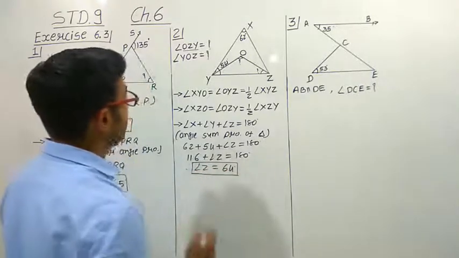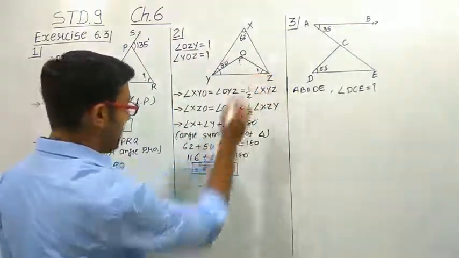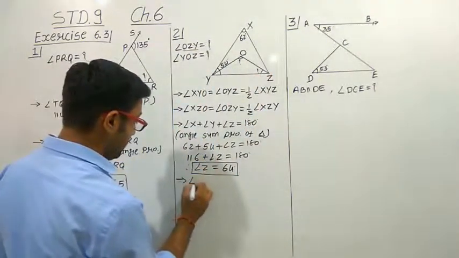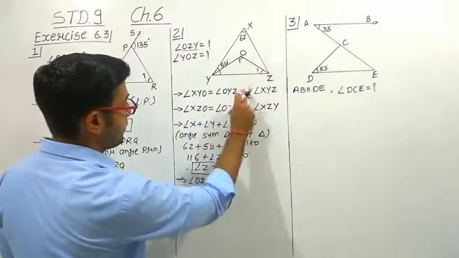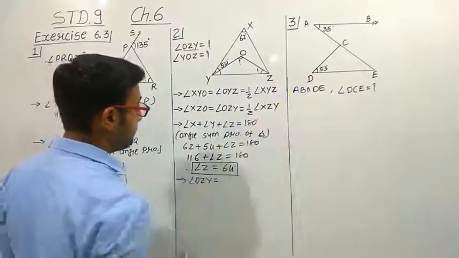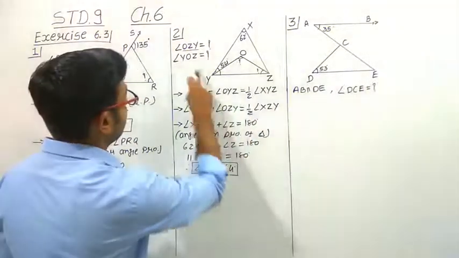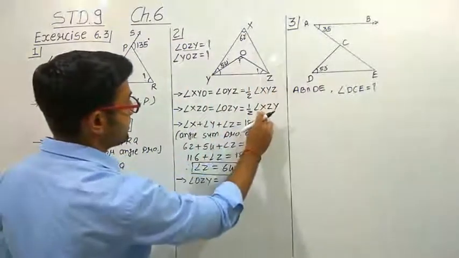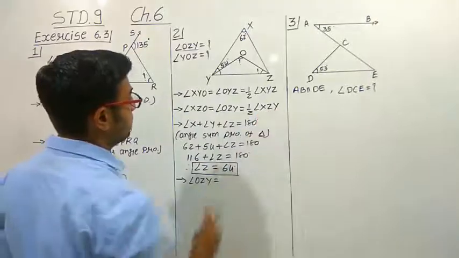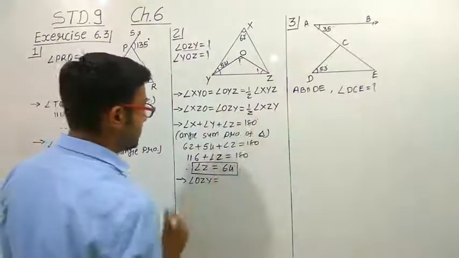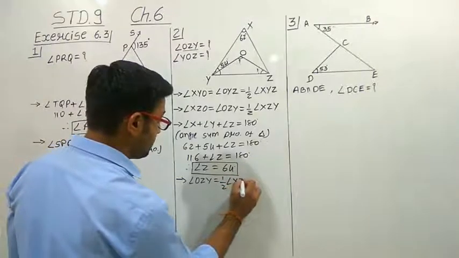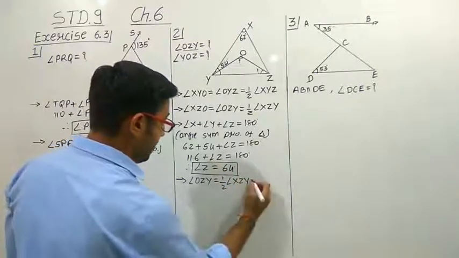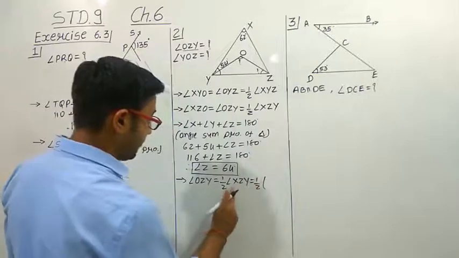So this is the value of angle Z. Now the first angle that we have to find out is OZY. So angle OZY we can write as 1/2 of angle XZY, and what is XZY?